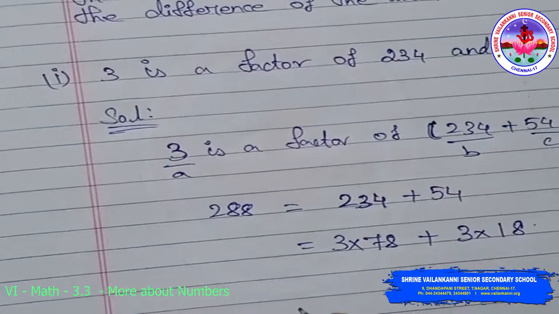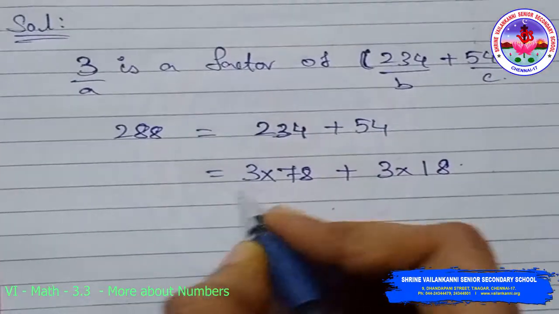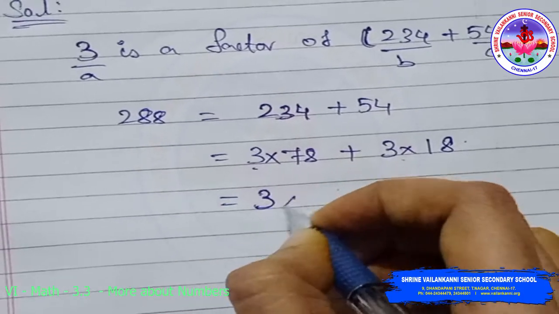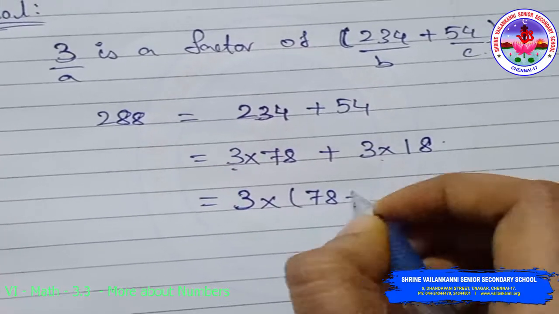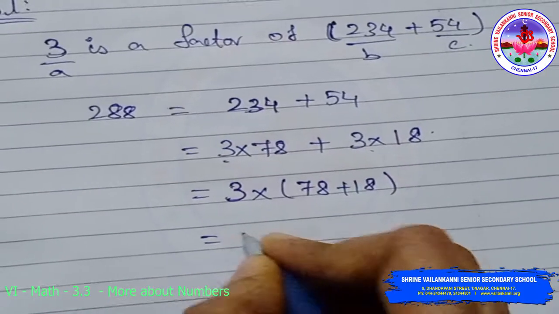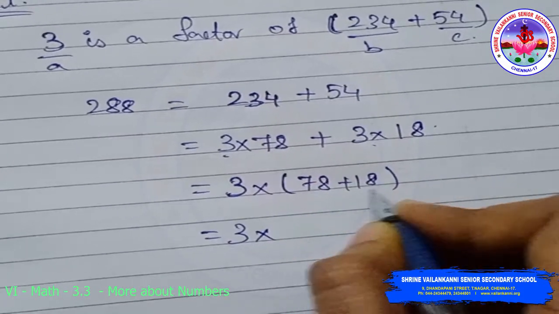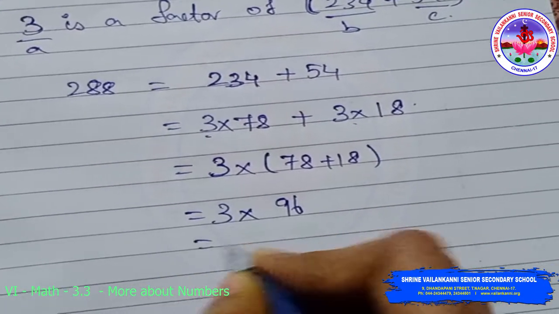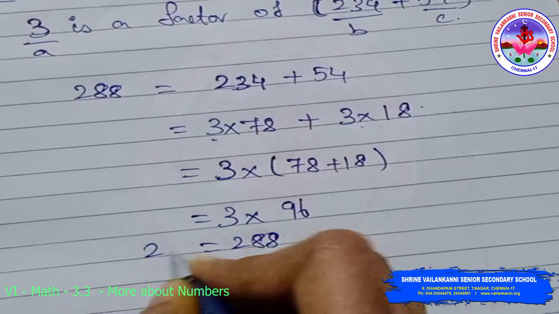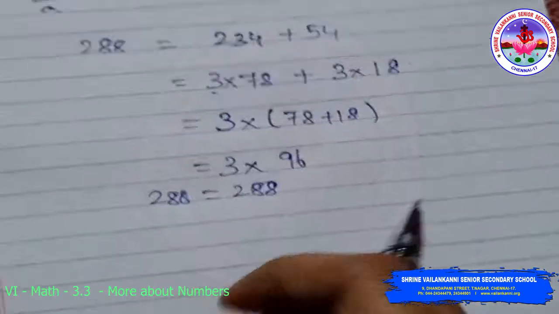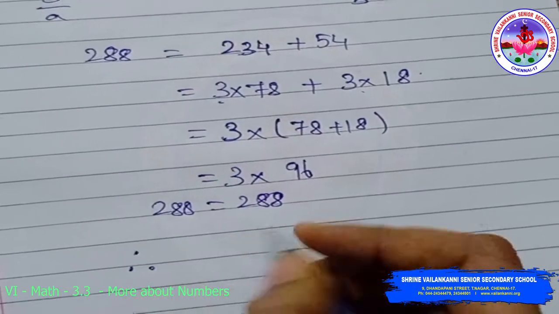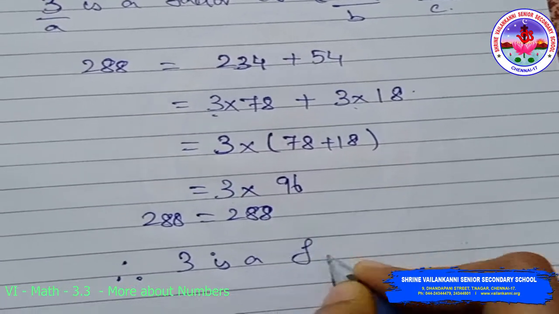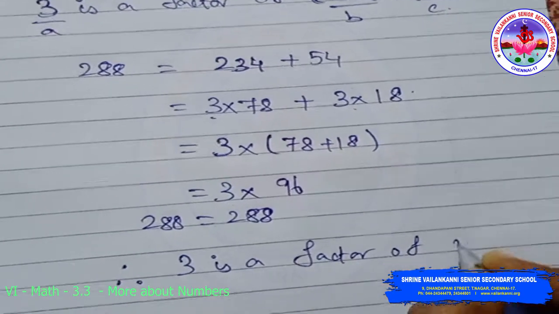Using the distributive property, taking 3 as common, 3 into 78 plus 18. 78 plus 18 is 96, 3 into 96, that is 288. 288 is equal to 288. So, therefore, 3 is a factor of 288.